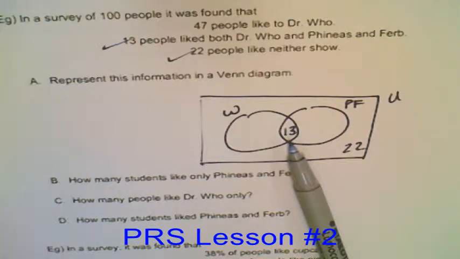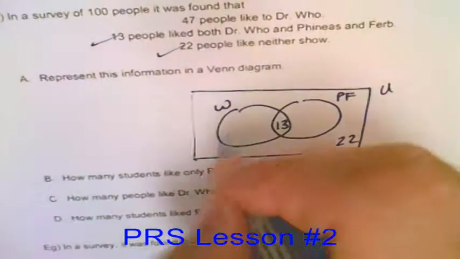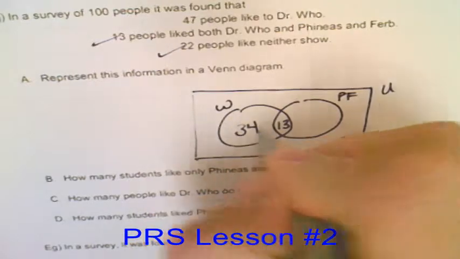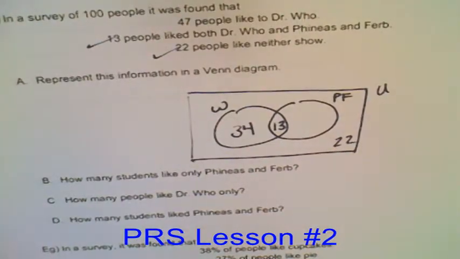You've got a circle for Doctor Who, a circle for Phineas and Ferb, and you've got your universal set. 13 liked both, so 13 must be here. 22 liked neither, so the 22 must be out there. So those first two pieces of information are dealt with.